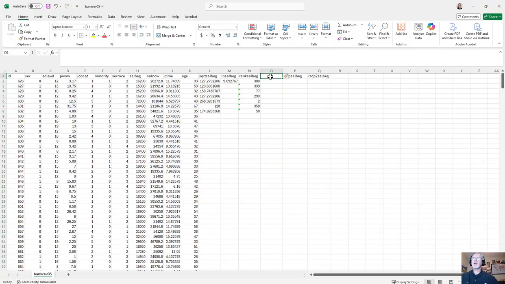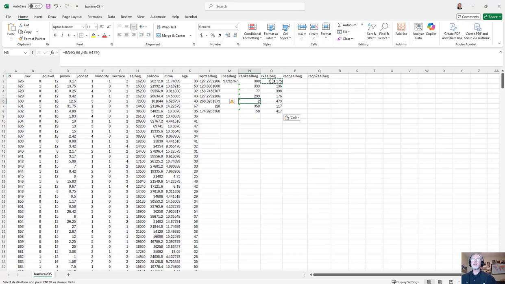I'm going to add in a column, and I'm going to go equal 475 minus that number. And that's going to flip the scale by taking the largest value minus this number. And I'll just go ahead and call that RK, Salbeg.